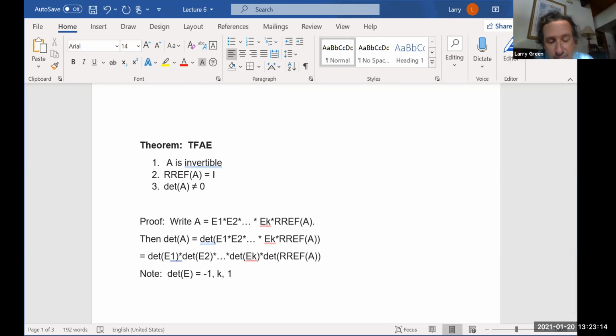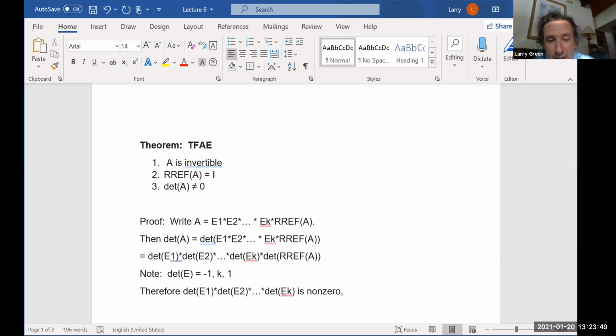Therefore, the determinant of the product of the elementary matrices is non-zero, because if you multiply a bunch of -1s, non-zero constants, and 1s, you can never get 0. Right? Basic math. Any questions on that?